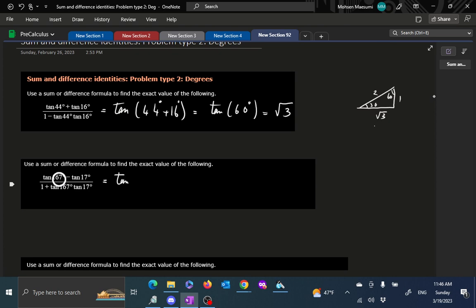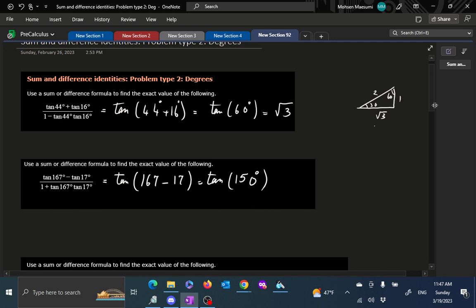Tangent of angle minus tangent of another angle over 1 plus product of those tangents is the case of difference of two angles. Tangent of 167 minus 17. When we subtract them, of course, we get tangent of 150. Tangent of 150, again, easy enough to look up in the table.